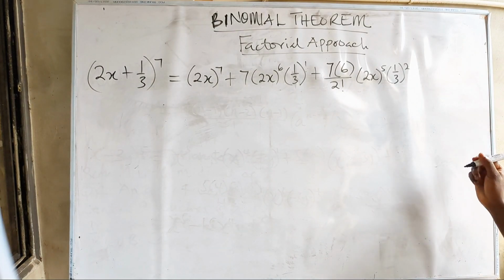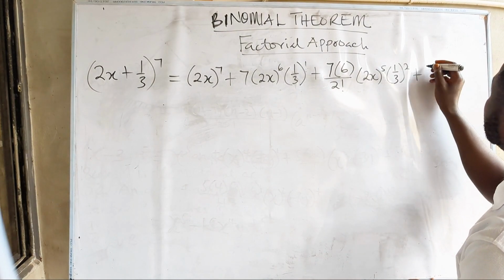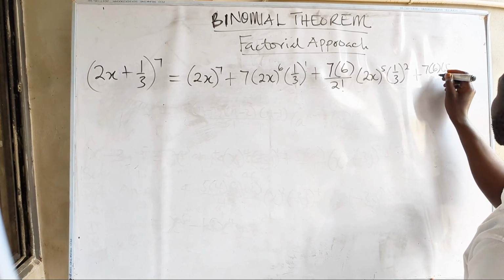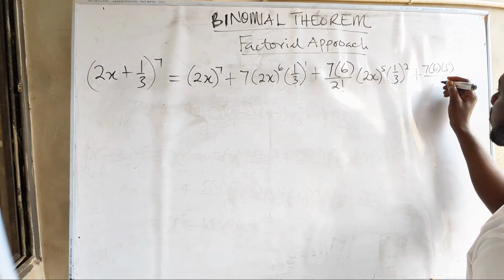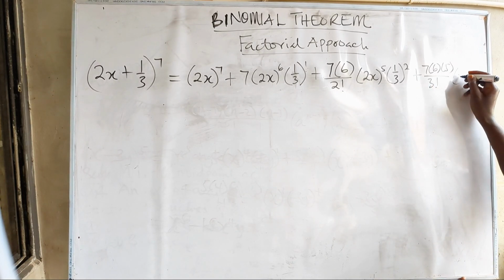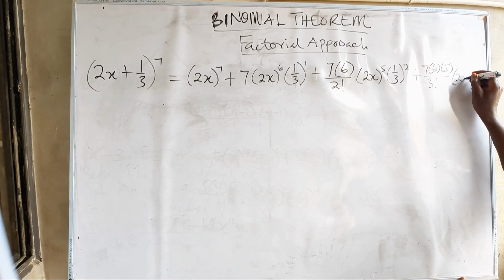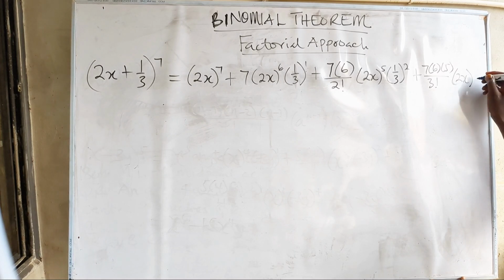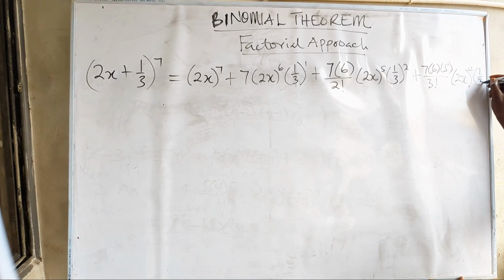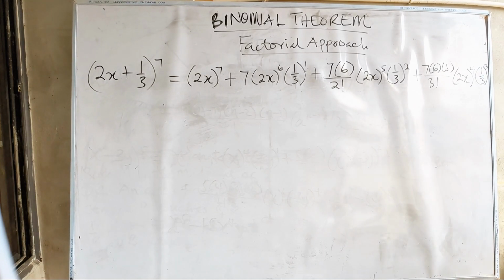Alright, I hope you get it. Plus the next term, 7 by 6 by 5 over 3 factorial, then 2s exponent 4, 1 over 3 exponent 3.